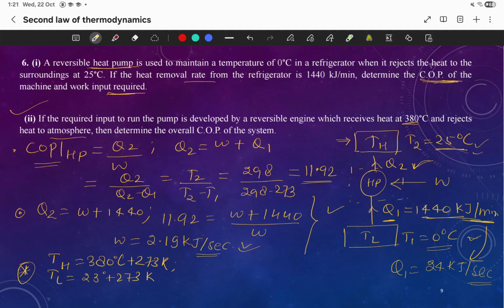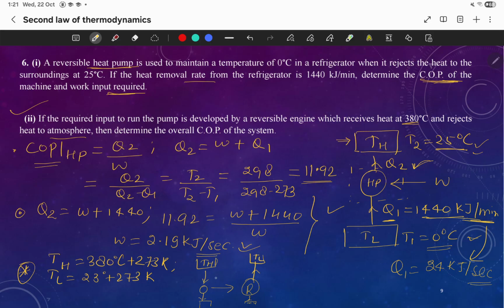Overall COP of the system. So this is the scene. This is TH, this is the heat engine, this is driving the heat pump. This is TL, from the refrigerator.